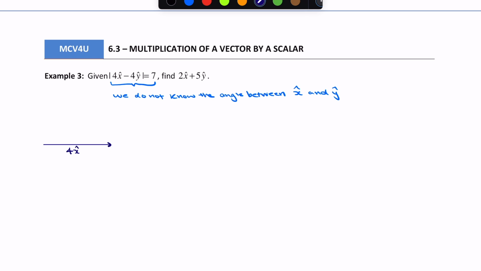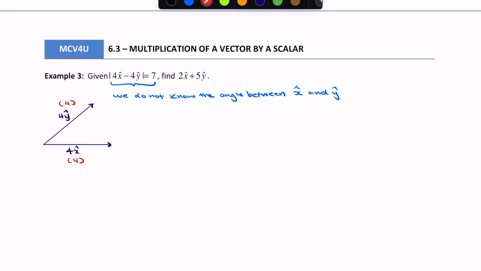And if we draw 4y, so this would be 4x plus 4y. Again, these are both unit vectors, and these are represented by the little top hat there. So 4 times 1 would give us 4, and 4 times, again, 1 would give us 4.